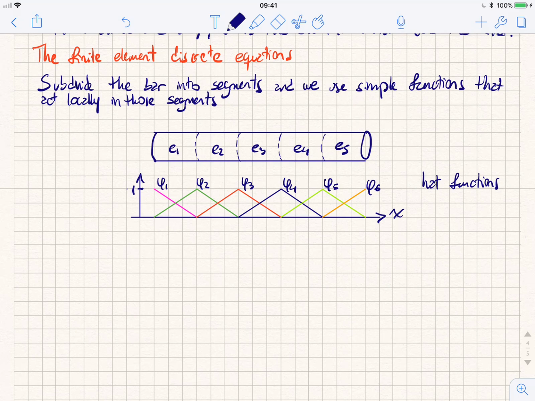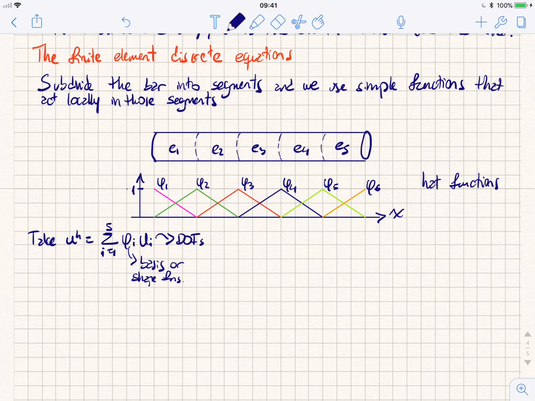And so our trial solution is going to take the form... So if you remember, these we called basis or shape functions, and these are the degrees of freedom.